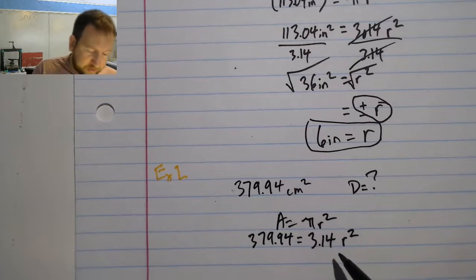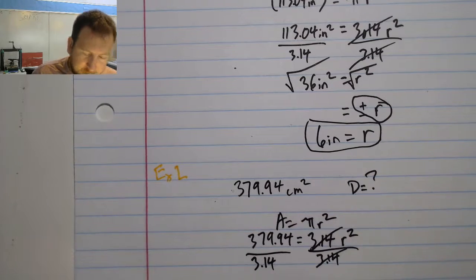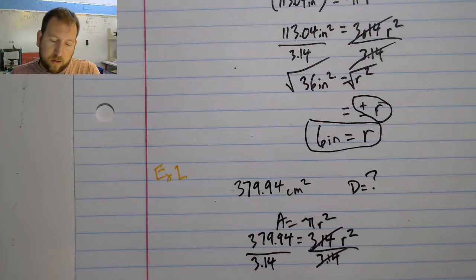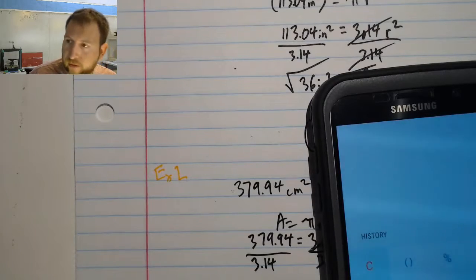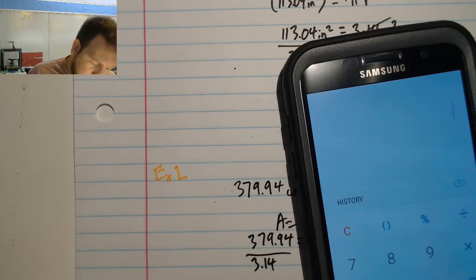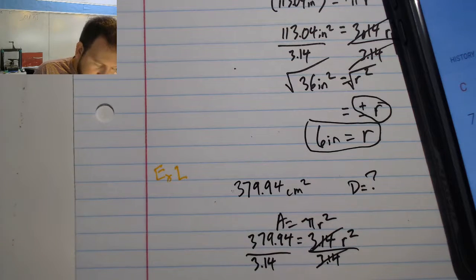All right, my next step is clearly to divide both sides by 3.14, cancel it out, and pull up my calculator. 379.94 divided by 3.14 is 121. 121 centimeters squared equals r squared.